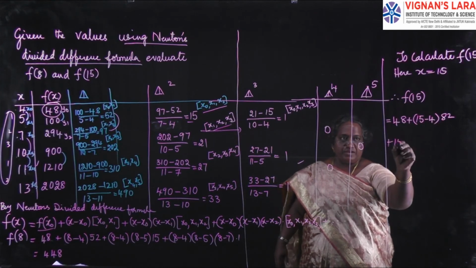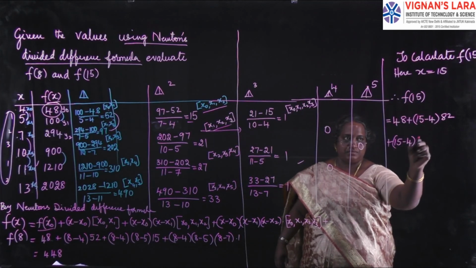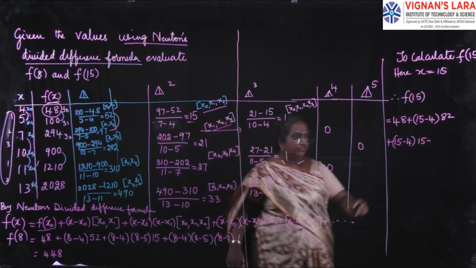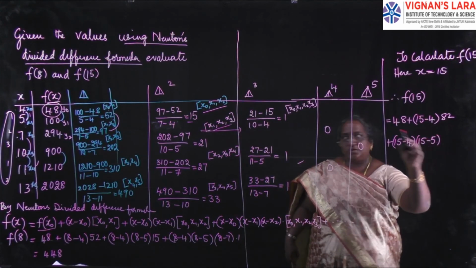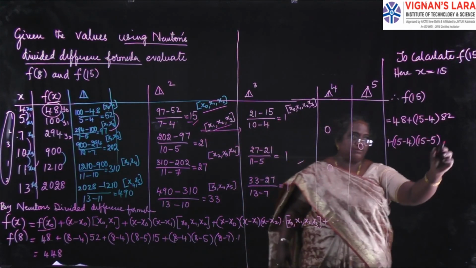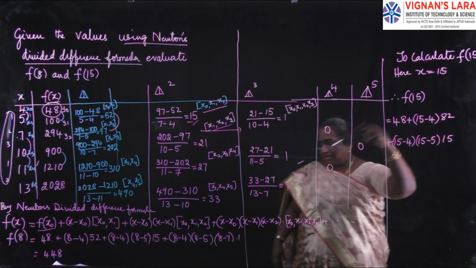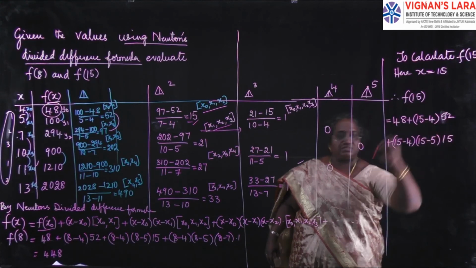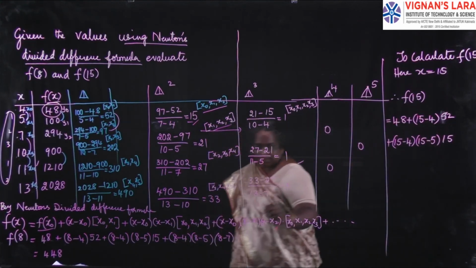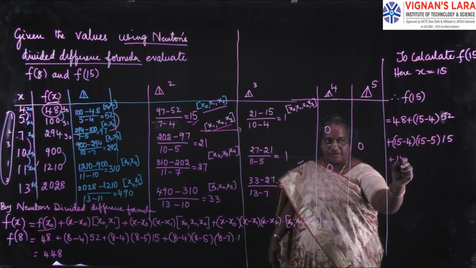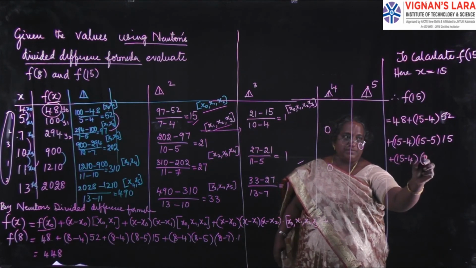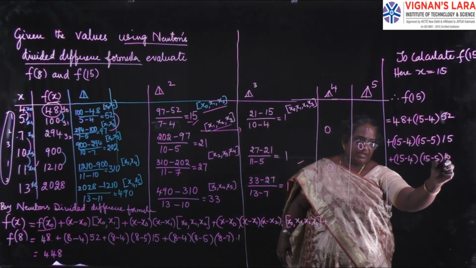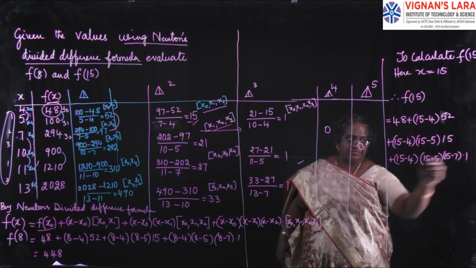Next, (15 minus 4)(15 minus 5) into the second divided difference 15. Next, plus (15 minus 4)(15 minus 5)(15 minus 7) into the third divided difference, which is 1.